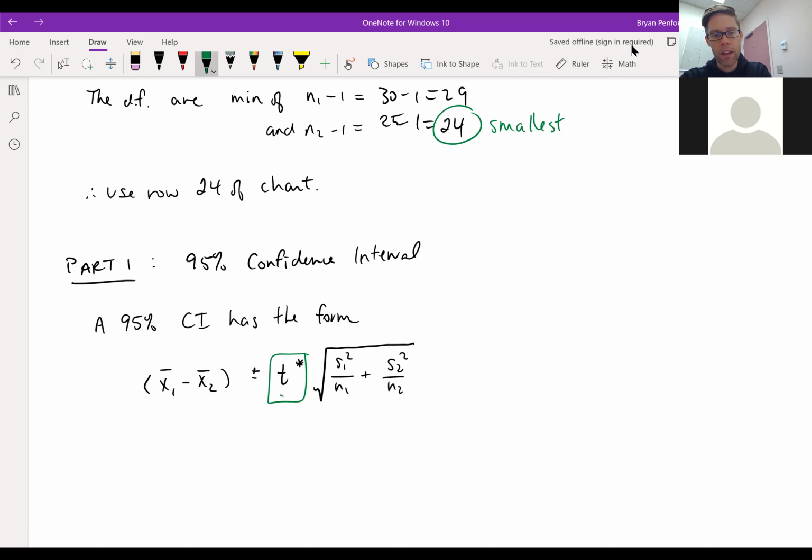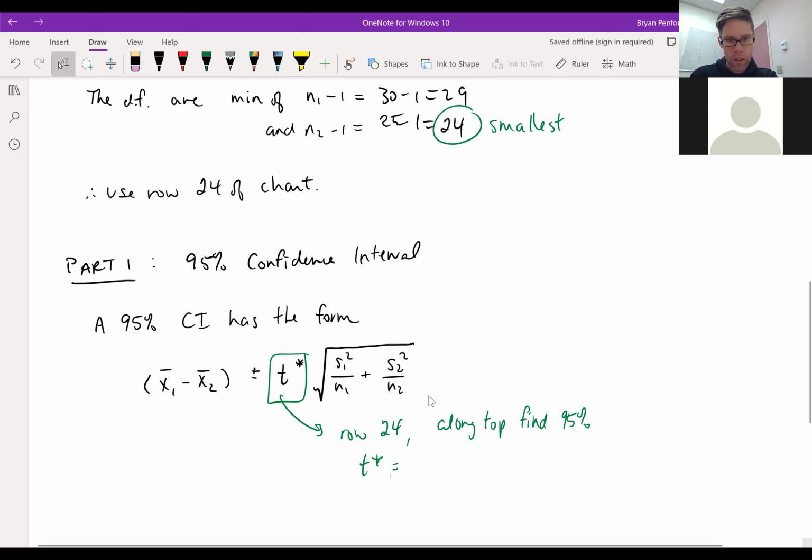So how do I get this? Well, we need to go to row 24, and we need to scroll along the top, and we need to find the 95% CI. All right, so let's boot over to our T table.